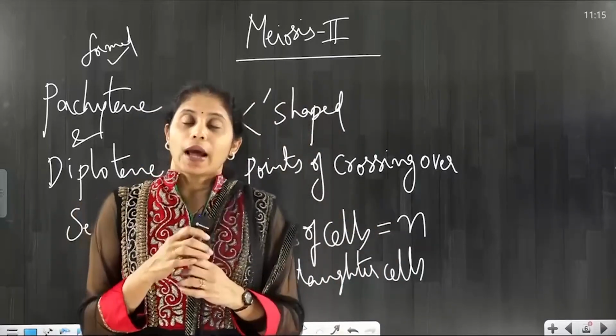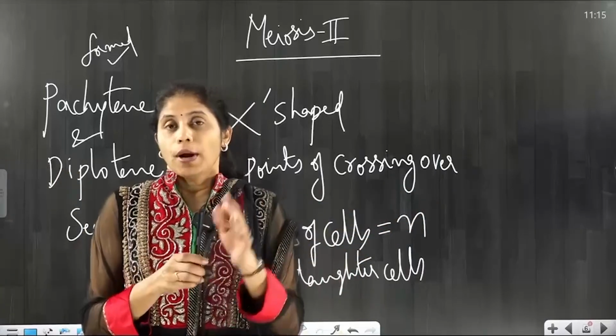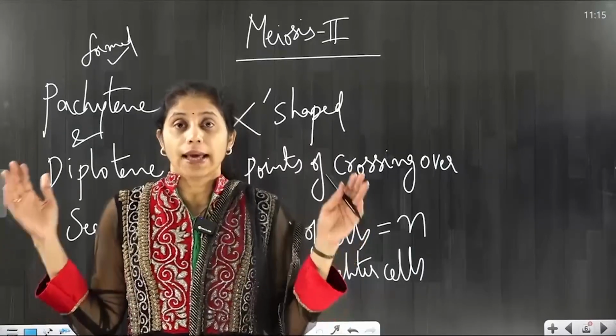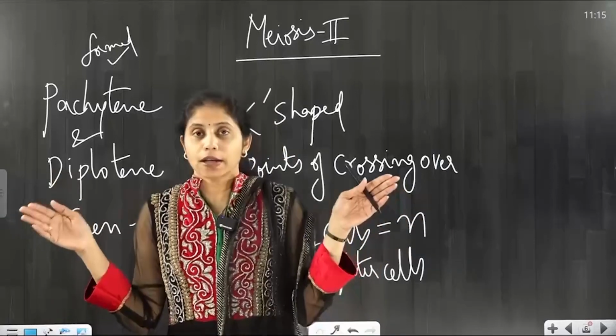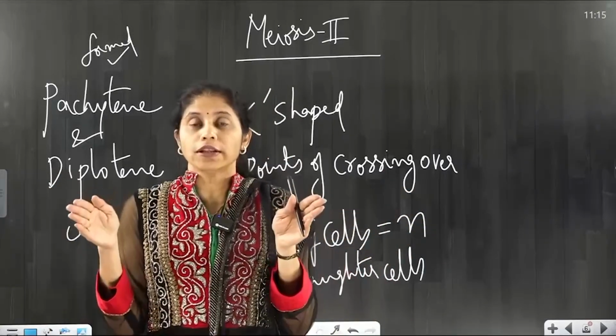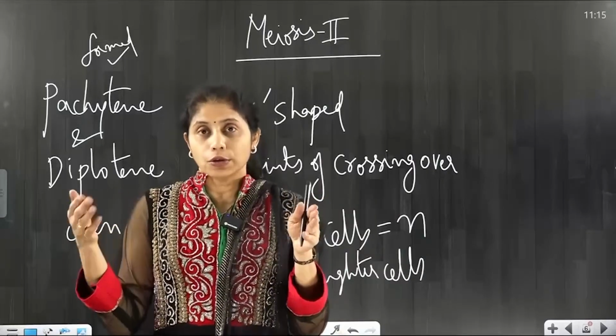In prophase 2, what happens actually is the chromatin is condensing into chromosomes. But at the end of telophase 1, the chromosomes will not be extended like in the interphase. Imagine interphase chromatin is this much extended, but at the end of telophase 1 they will reach only this much extended form, because they have to continue meiosis-II into prophase 2.